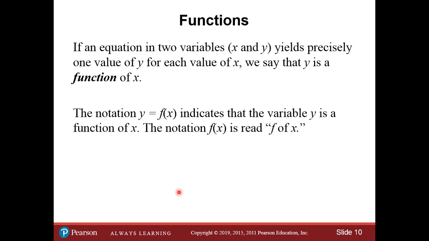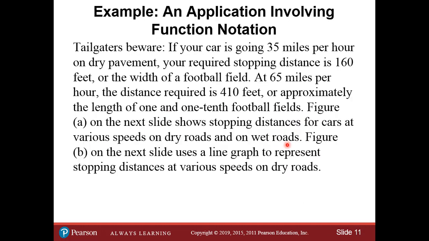If for every value of x that's given, there is exactly one value of y, then there is a function. We say that y is a function of x, and the notation is given by f of x. It's this symbol here, and that's how we pronounce it: f of x.